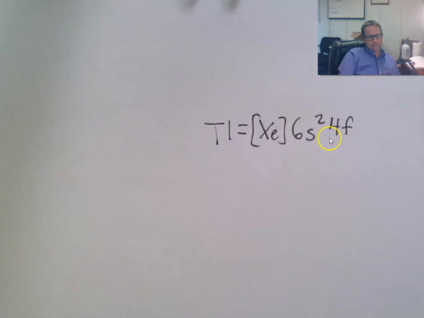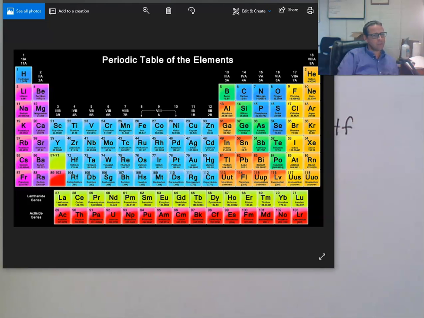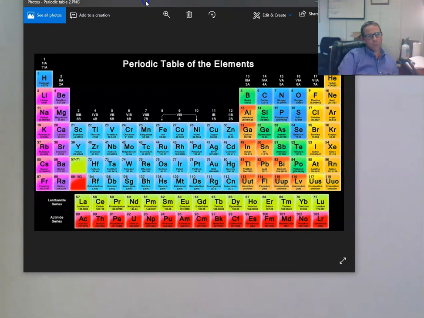How do we know it was 4? Well, we didn't really until I told you, but there are a couple of ways we could have thought about that. One is, just like the D block's N value is 1 less, the F block's N value is 2 less.